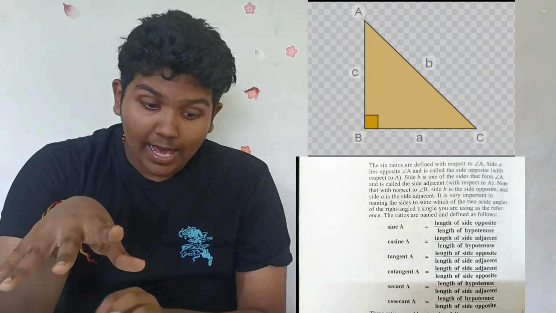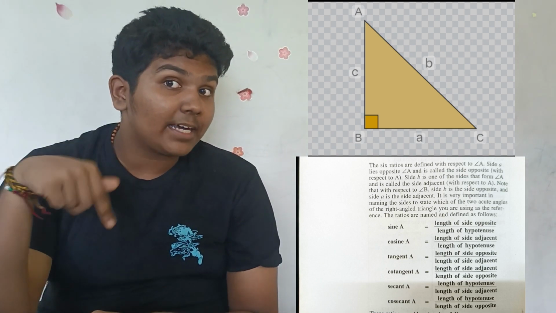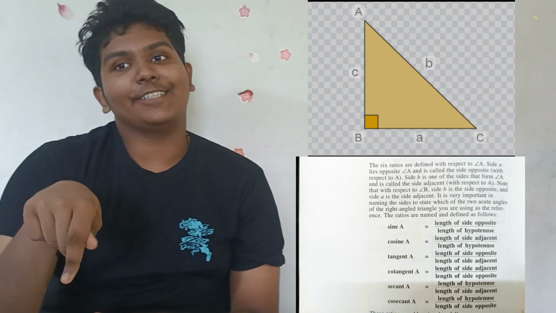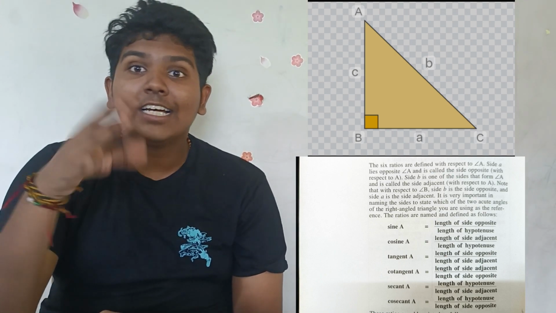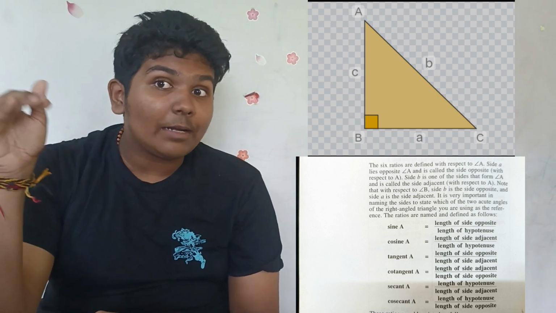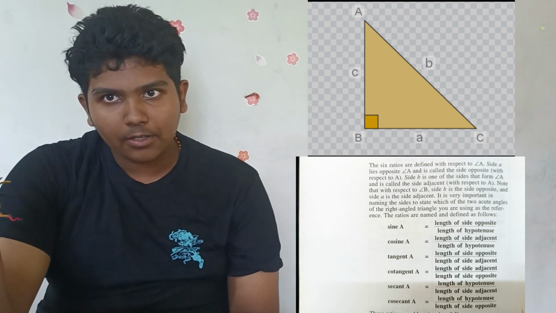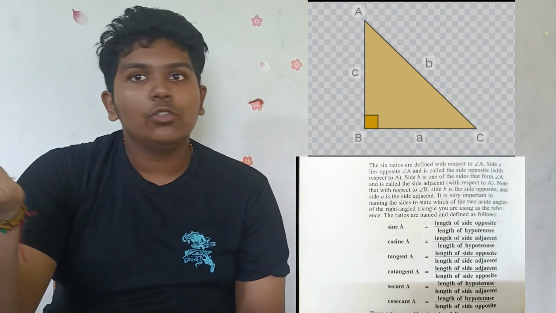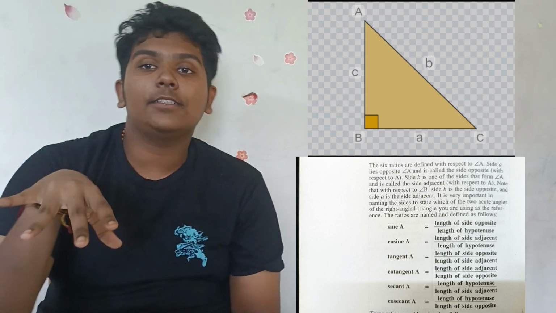It's similar to tangent, but very different. Instead of opposite by adjacent, it's adjacent by opposite. It's like 1 by tan. So tan A is equal to 1 by cot A. Cot is adjacent by opposite, and tan is opposite by adjacent.